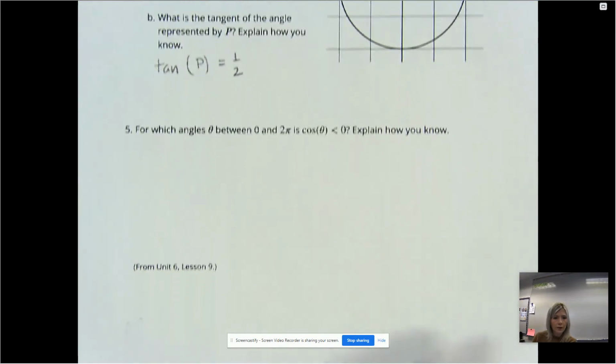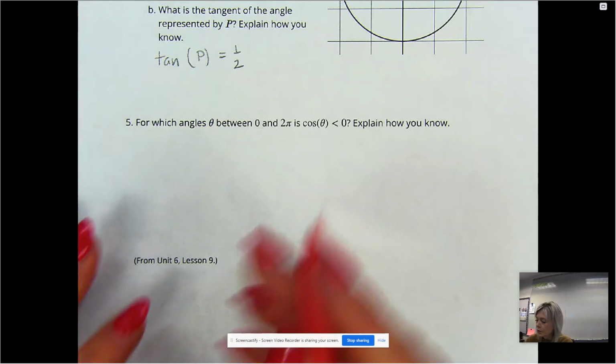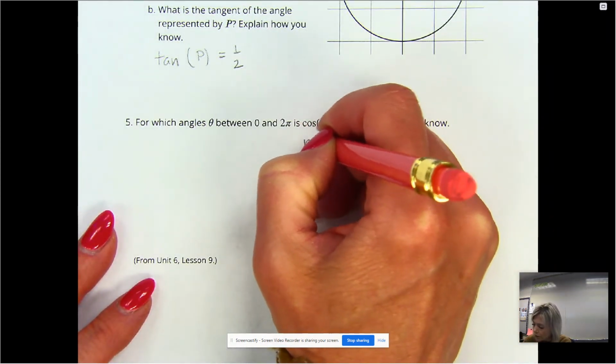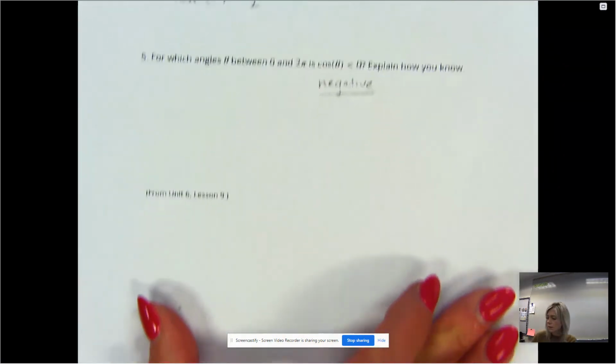All right, next. For which angles between 0 and 2 pi is the cosine of theta less than 0? So whenever you see something less than 0, that's just asking you, when is the cosine of theta negative? That's all that means, okay?